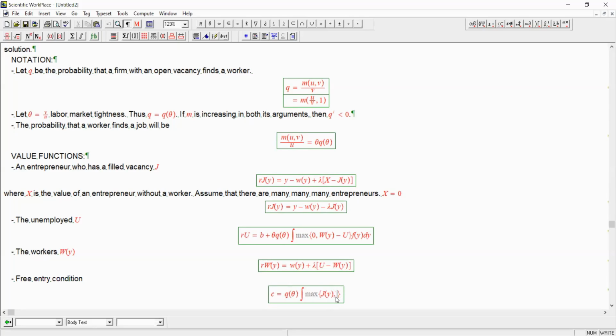So it's the max of that and what you get if the worker turns you down, or if you decide not to stay together with the worker, which of course is 0.